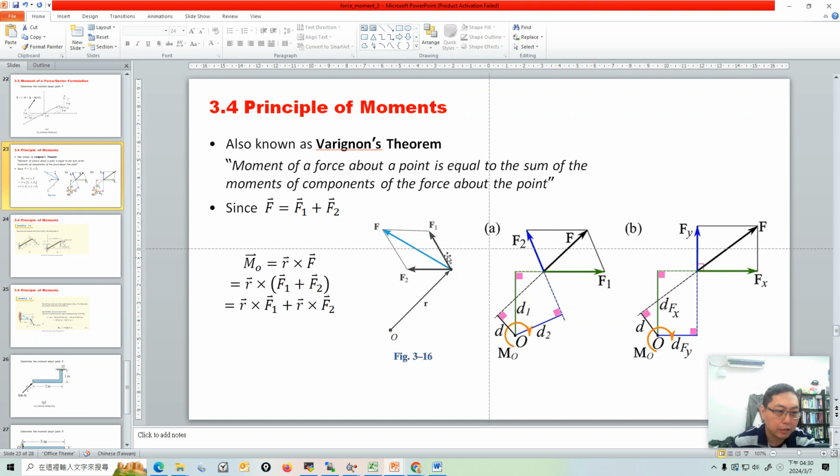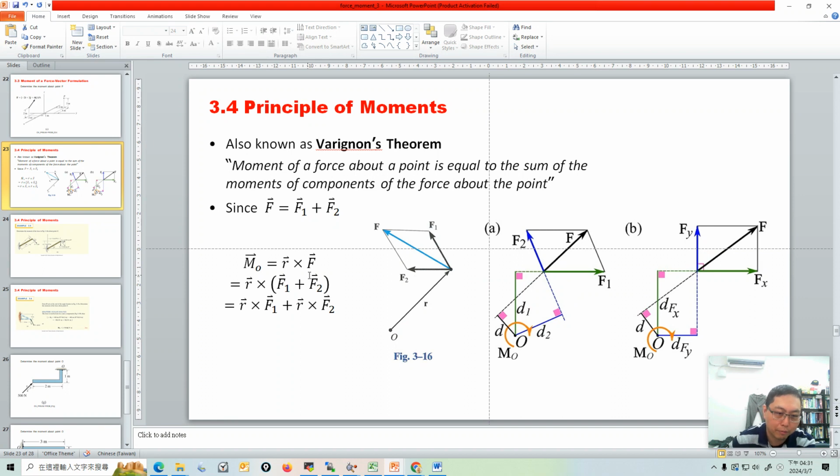Here's an example. This is a position vector r and the force vector is here. The force acts on this point, and we want to calculate the moment caused by the force with respect to the point O, r cross F. But we can also decompose the force, using the parallelogram, into F1 and F2, and the moment is just equal to the moment caused by force 1 plus the moment caused by force 2.